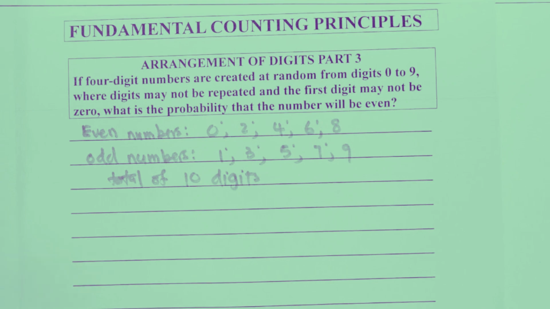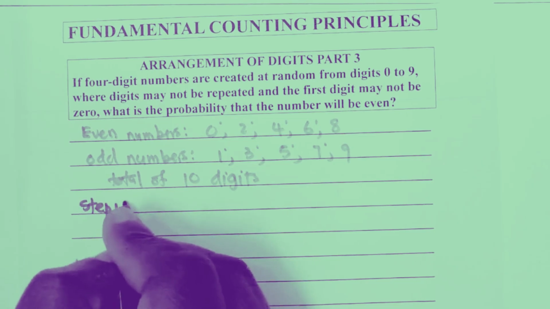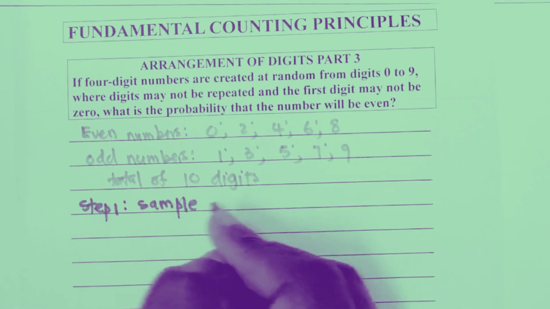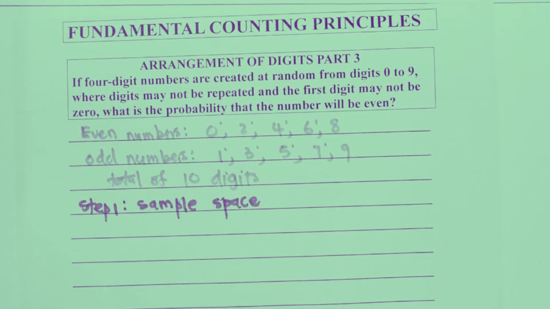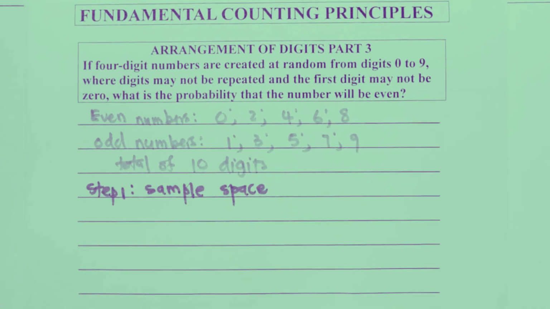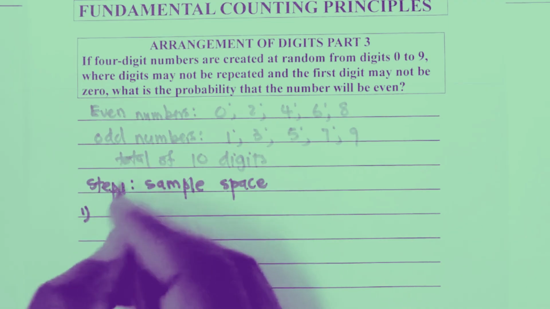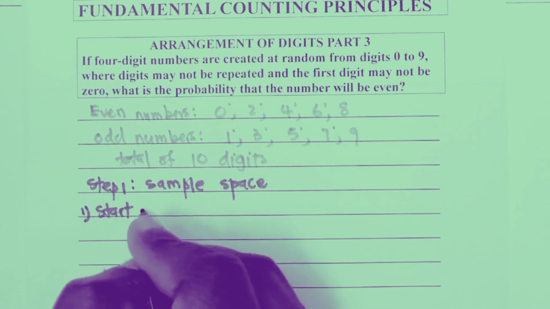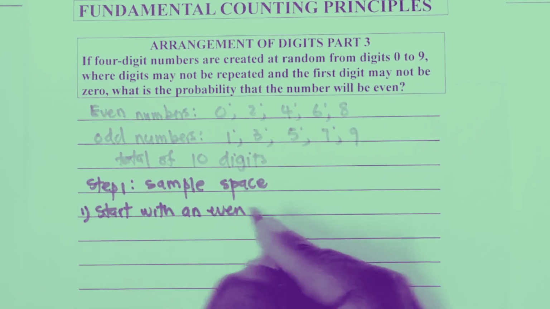In step 1, I'm going to find the sample space, and I'm going to approach this question in the following manner. Part 1, suppose I start with an even number.